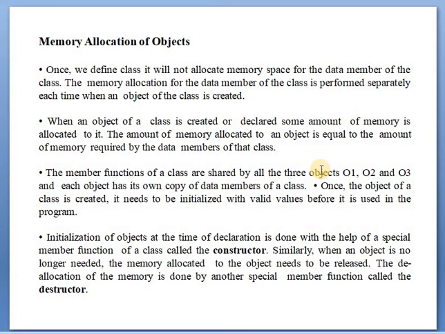When an object is created, memory is allocated, and to initialize that memory we require the constructor. After using the object, we want to release that memory, and for that purpose we use the destructor. So constructor and destructor are the special functions which are used to allocate and deallocate the memory respectively.